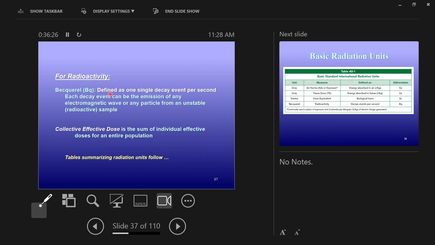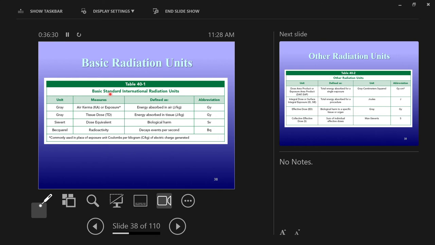Let's put everything we just did on one slide together. The gray for exposure, energy absorbed in air, we use the abbreviation Gy. Tissue dose or absorbed dose, we also use the gray, capital G, lowercase y. The sievert, dose equivalent, tells us biologic harm, capital S, little v.